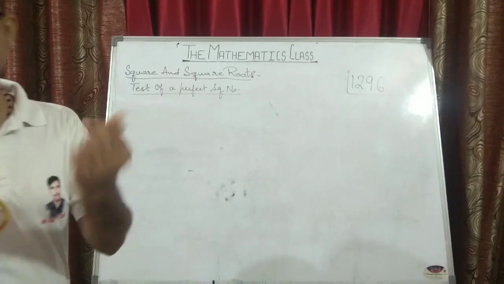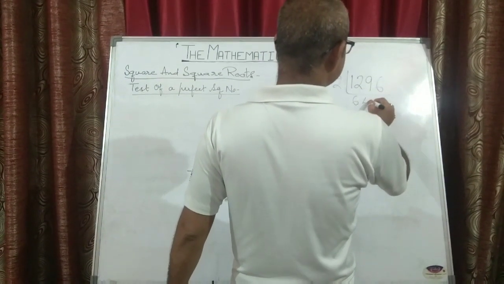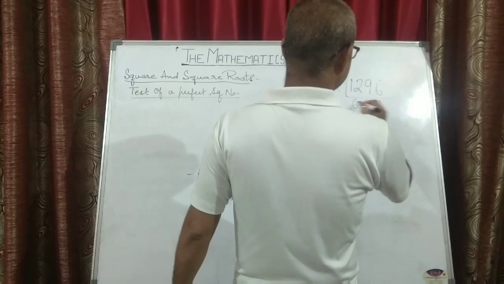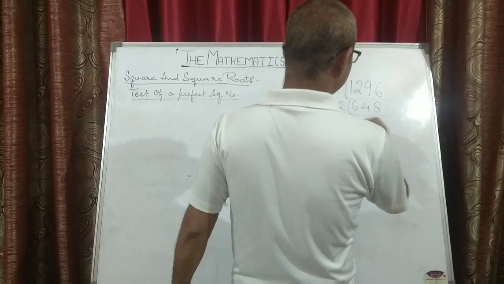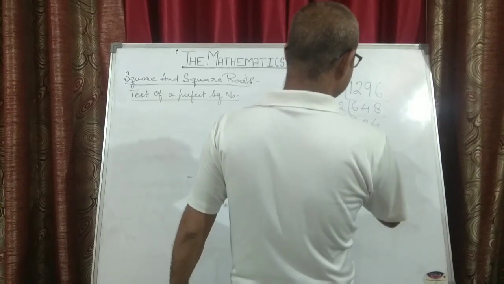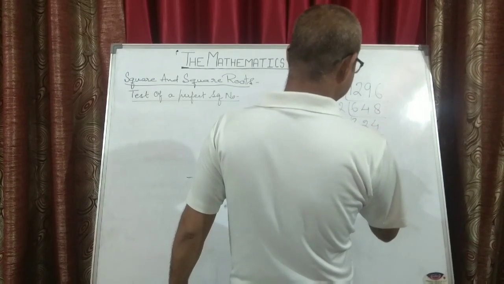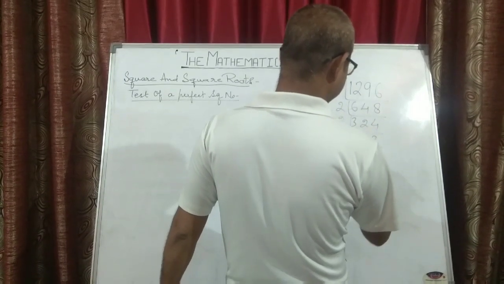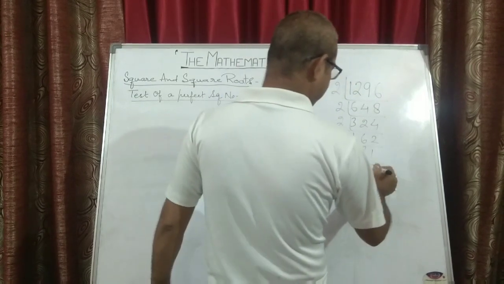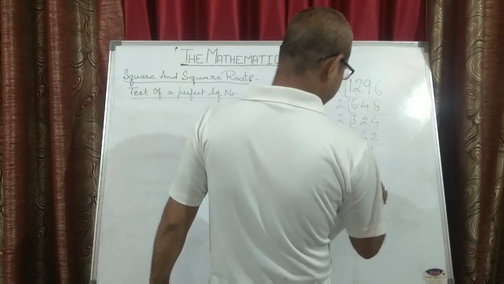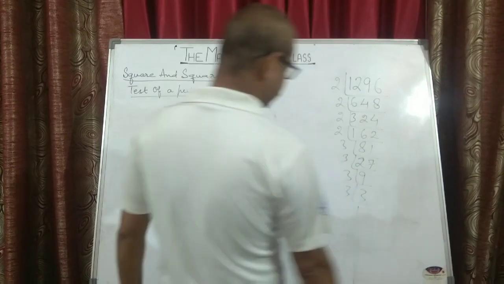So first we'll start with the prime factors. 2 into 648, 2 into 324, 2 into 162, 2 into 81. Now this is by 3: 3 into 27, 3 into 9, 3 into 3, 1.